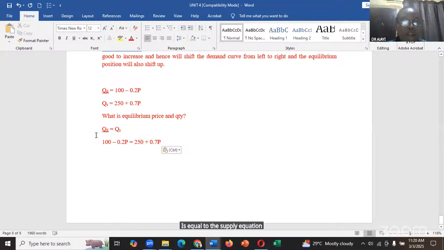So when you have 100 minus 0.2P is equal to 250 plus 0.7P, let's make P the subject of the formula.